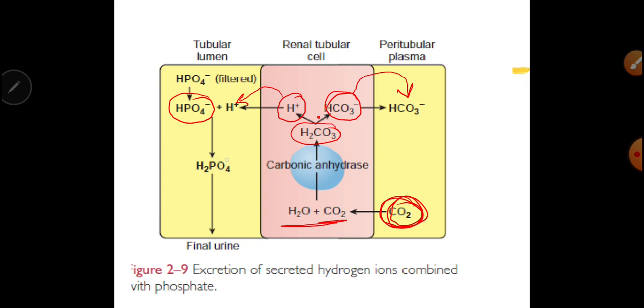This will form the dibasic form of phosphate, and this can be excreted in the final urine. So the kidney has the ability to eliminate hydrogen ion using this technique. It will use phosphate ions for the buffering process to release hydrogen ion from the blood to the urine to control the acid-base balance.